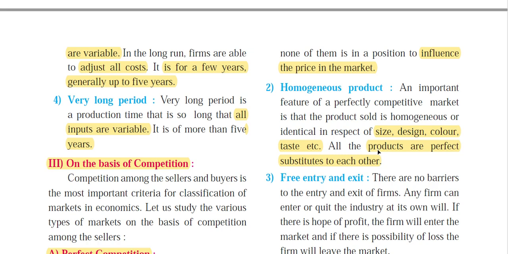Why? Because they are substitutes for each other, as they are the same. It is not like a normal substitute, for example when you go to buy Coke and Pepsi, there is a slight difference in taste. But coming to homogeneous products, everything is the same, so it is a perfect substitute. There is not even a difference in taste, size, shape, etc.